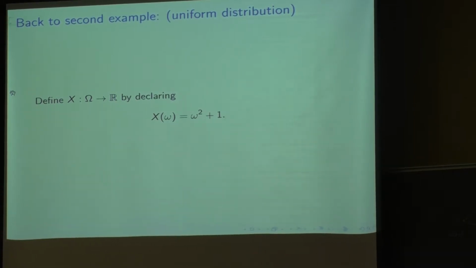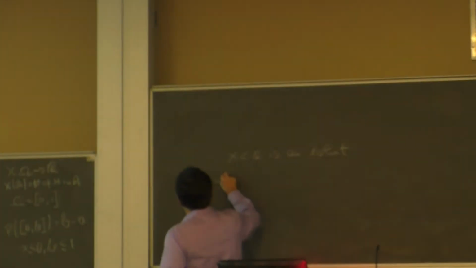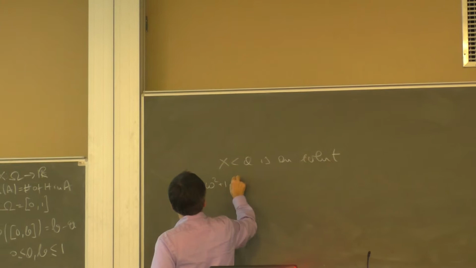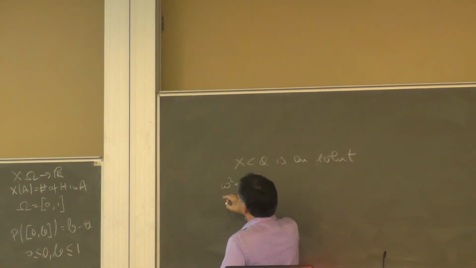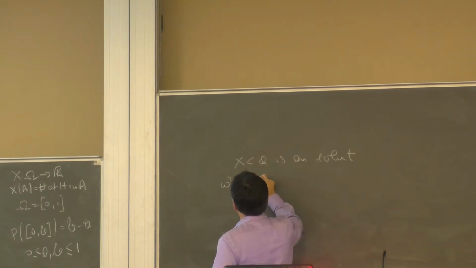I have to check that x less than a is an event. In other words, I have to ask myself, what sort of set is the set of all the omega such that omega squared plus 1 is less than a?